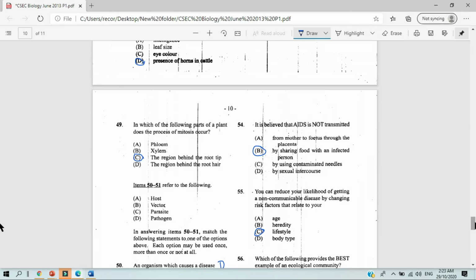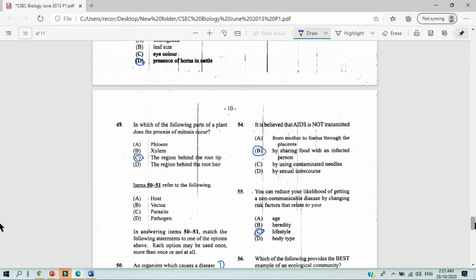55. You can reduce your likelihood of getting a non-communicable disease by changing risk factors that relate to your lifestyle. These are non-communicable, so you don't really get these from people.